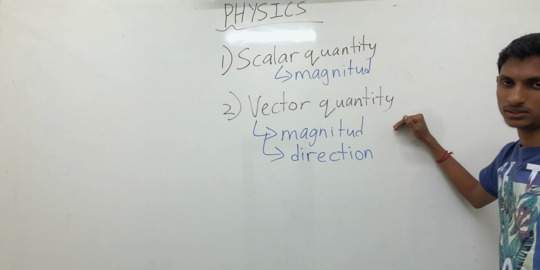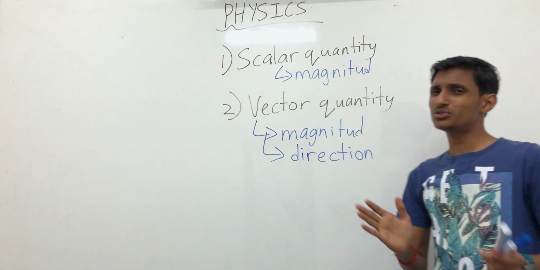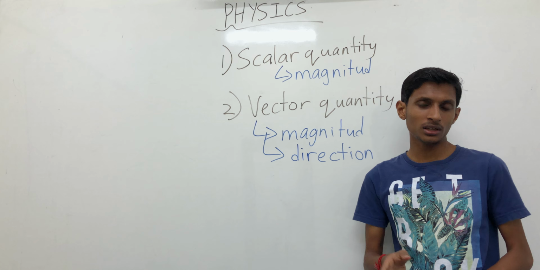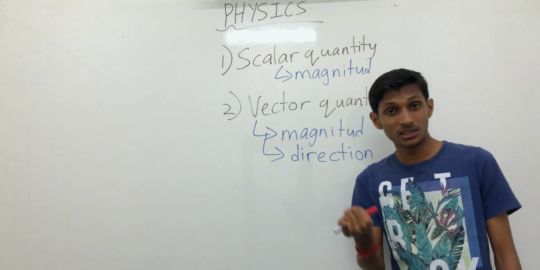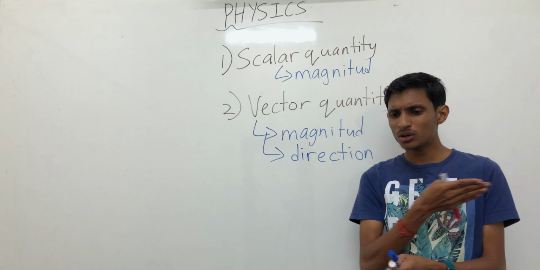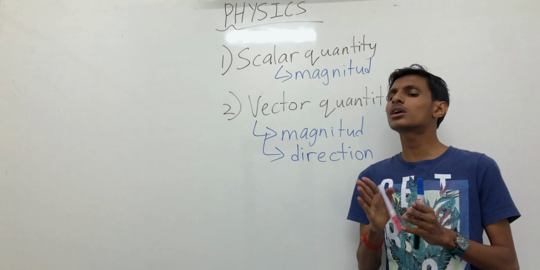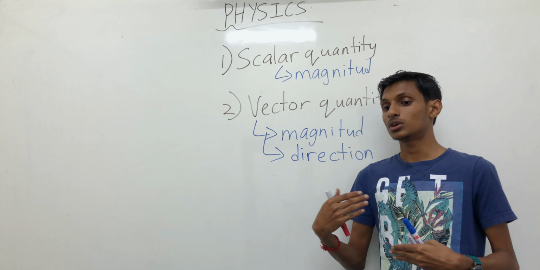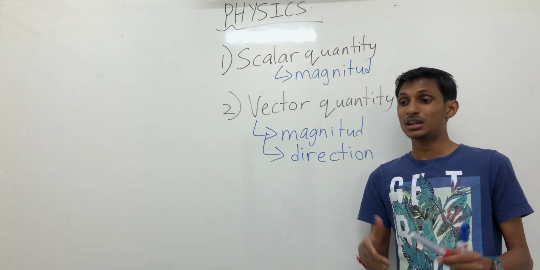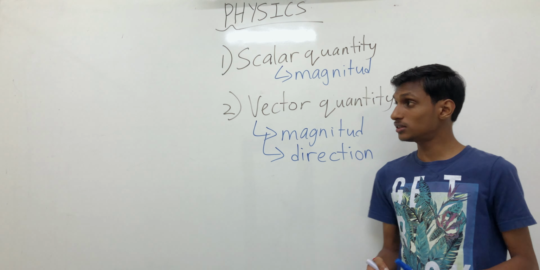Do you really need to memorize everything? You really don't, because you need to understand. If you understand, when the question is there, you can think, does this require direction in order for us to do the calculation? Does it need it? So let's take a look.